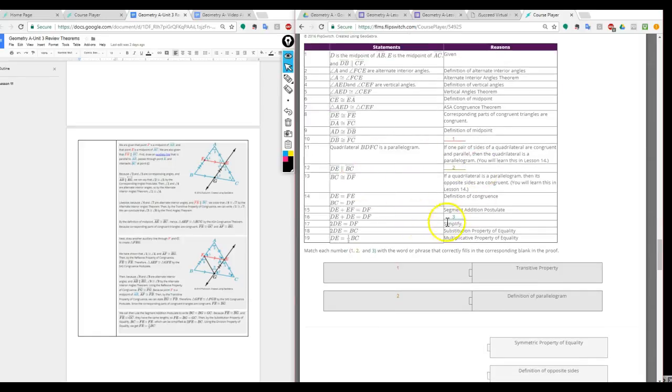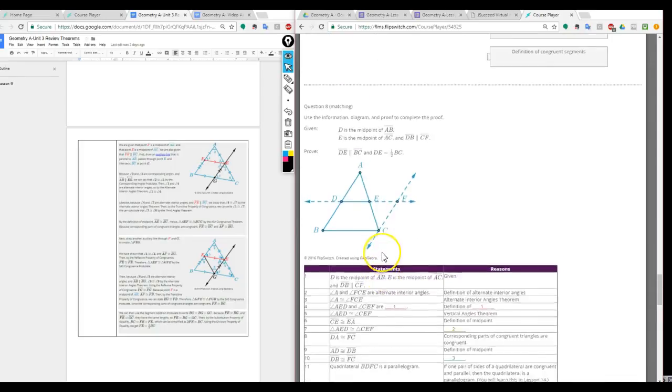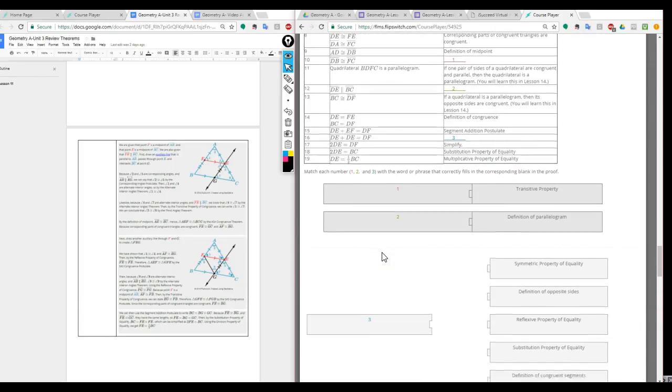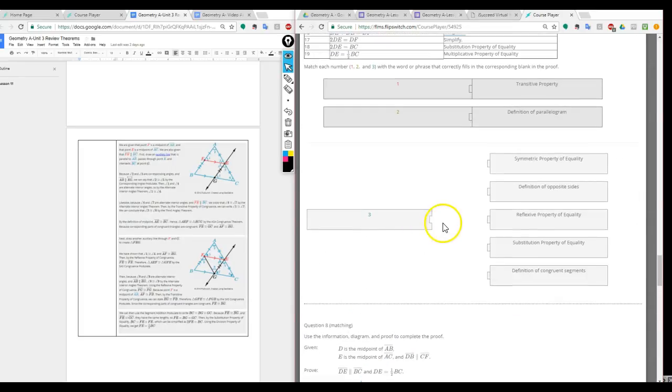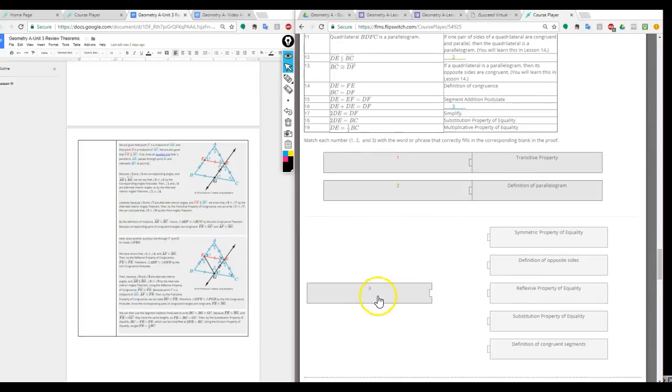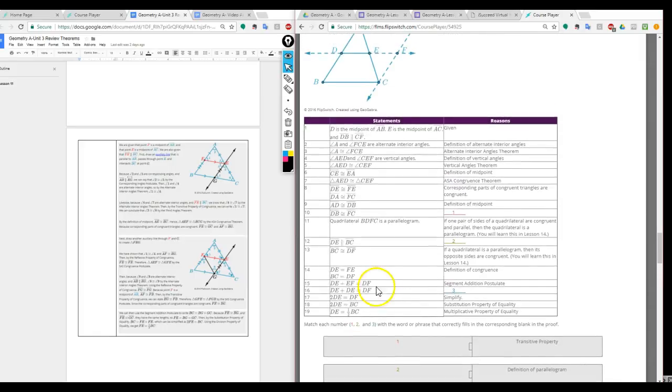And then we have blank 3, and I'm going to look to question 8 again because it's the exact same thing. It was for statement 16. So if I look at statement 16, DE plus DE equals DF, and they stated it as the substitution property of equality. So, substitution property of equality. That is how I'm answering question 7.